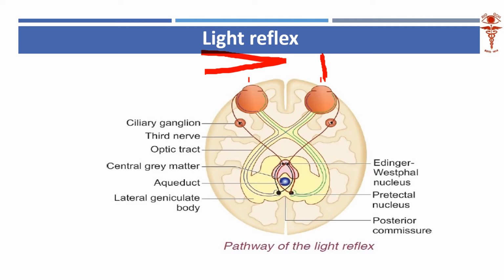The sensor of the eye, the fact that light falls on me, is perceived by my second nerve. So my second nerve is my afferent. Then these afferent fibers come over through the optic nerve, the optic chiasma, then the tract.